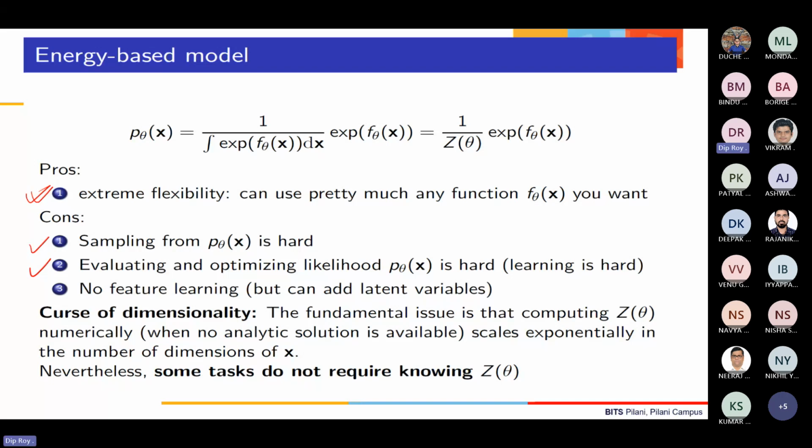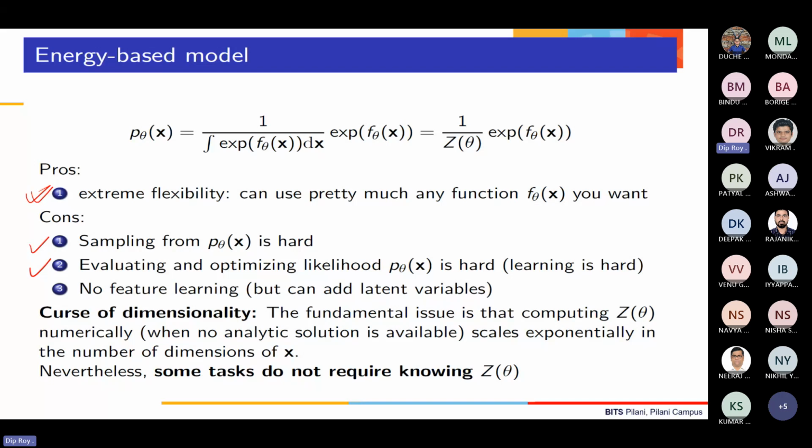All right. So the fundamental issue in this entire thing is that computing your Z theta numerically, when there is no analytical solution available, scales exponentially as the number of dimensions increase. If there is a closed form, it is fine, but closed forms are there for very basic functions.